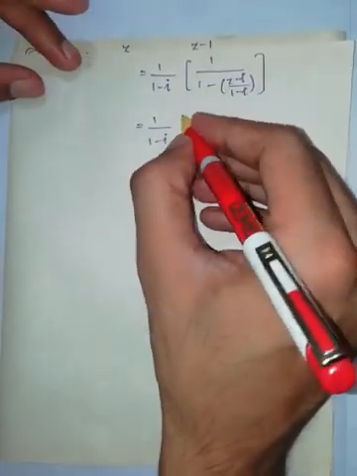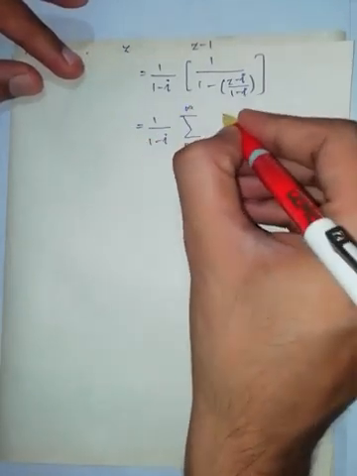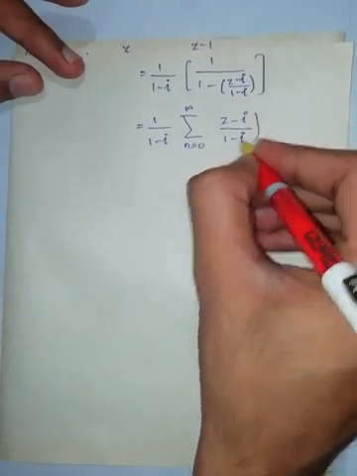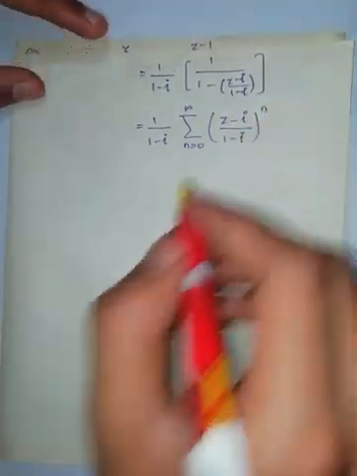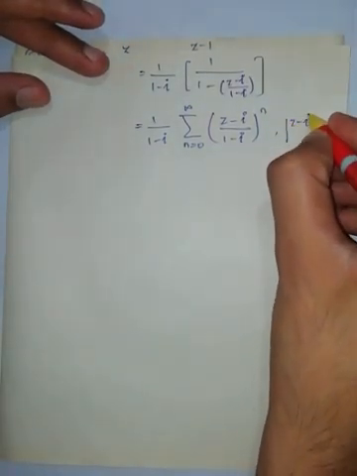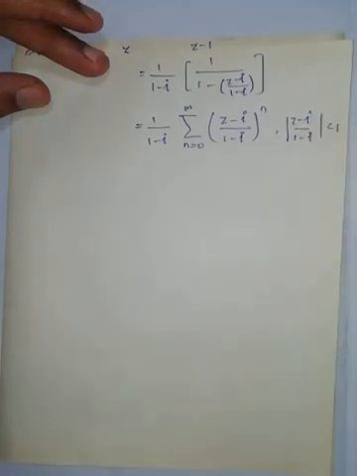1 by 1 minus z can be written as summation n is equal to 0 to infinity z minus iota by 1 minus iota to the power of n, with one condition, that is modulus of z minus iota by 1 minus iota is less than 1.